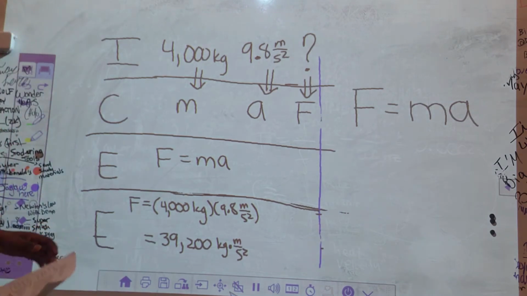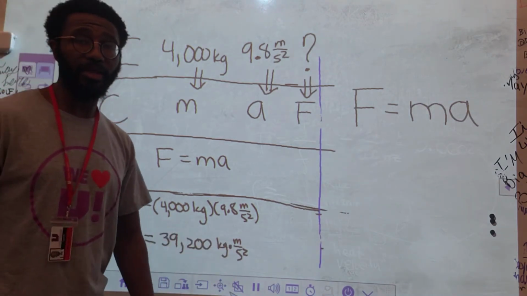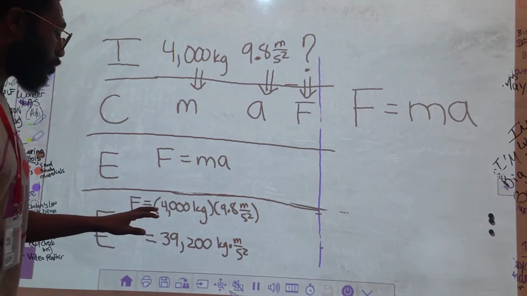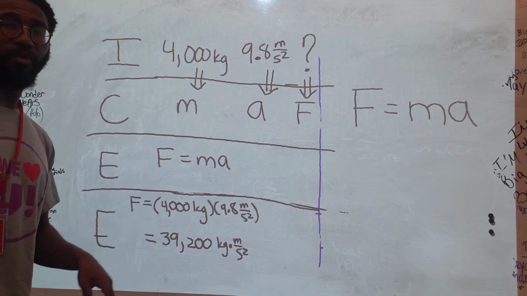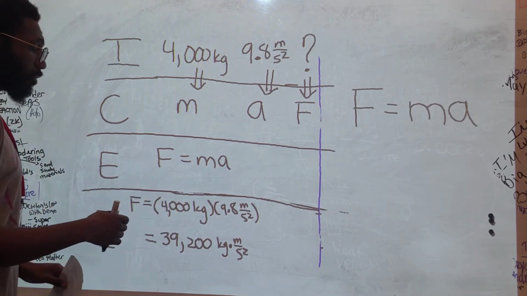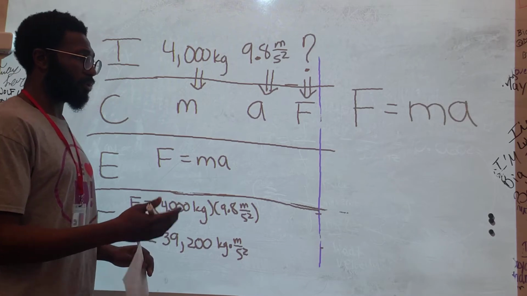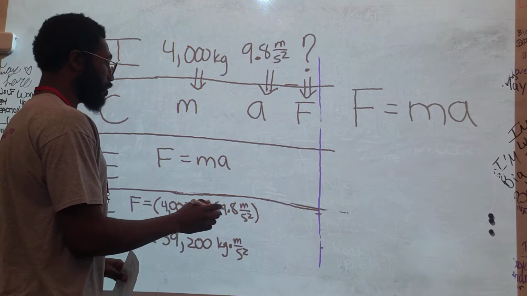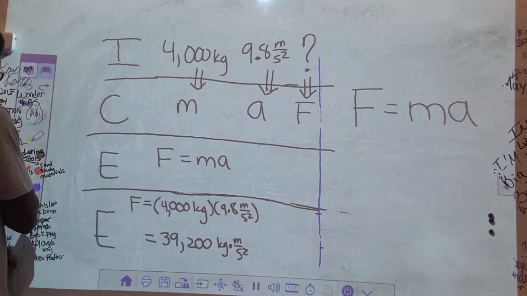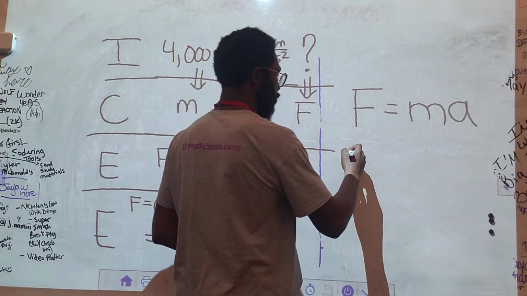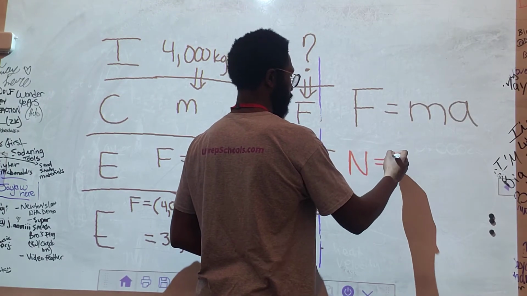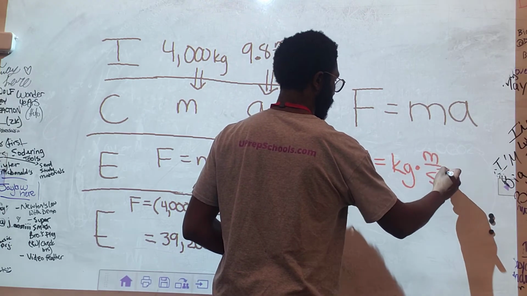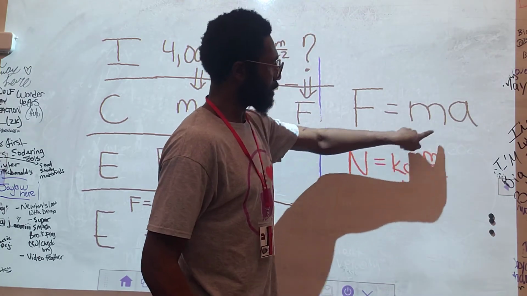In this situation, we could leave it like this, but I always want to write newtons if I'm solving for force. So I want to show you how to know when to write newtons. A newton, which is the unit of force, is equal to a kilogram times a meter per second squared, because that is mass times acceleration.